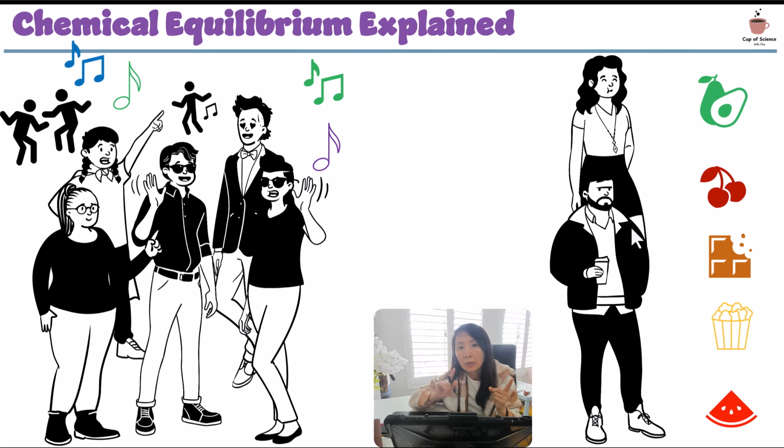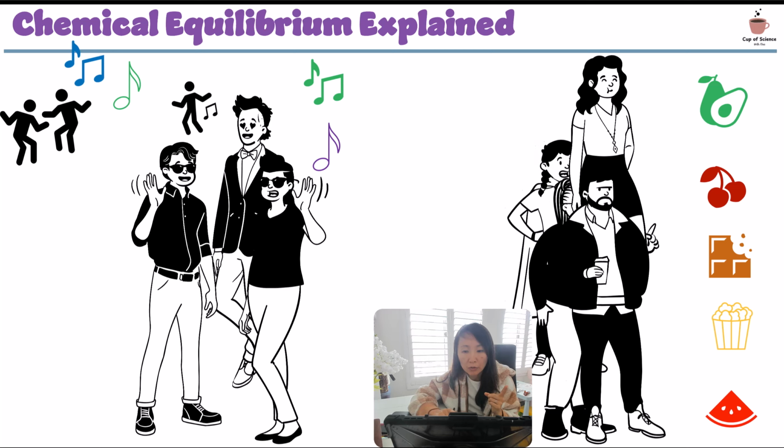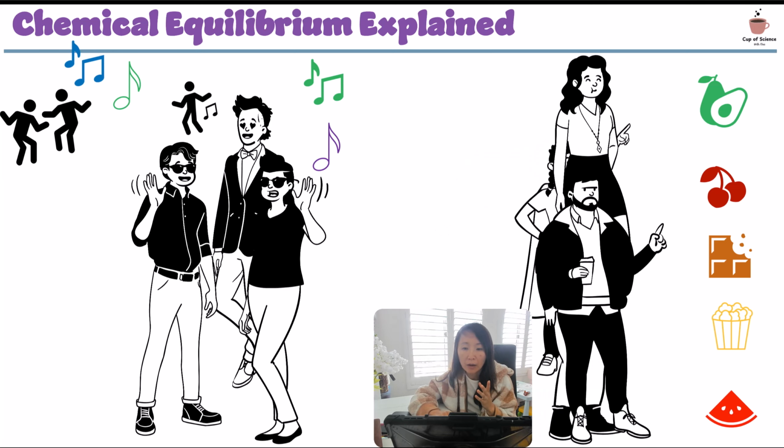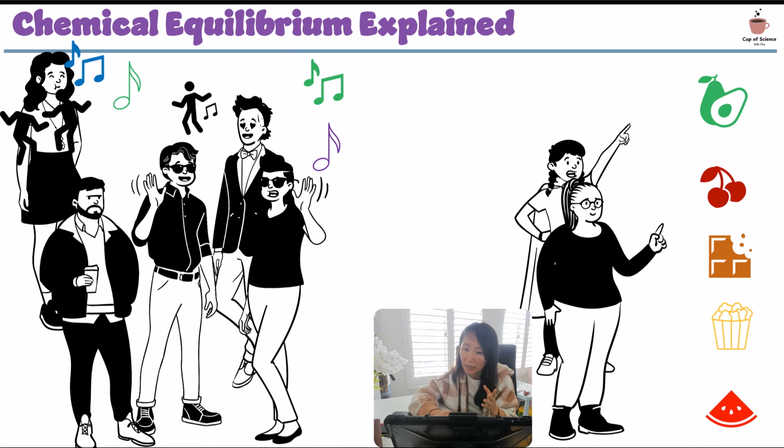At equilibrium, every time 2 people go to the right, the snack people come back and start to dance. So on the left-hand side, it's still 8 people, and 2 people on the snack side. It's always 8 and 2 at equilibrium.